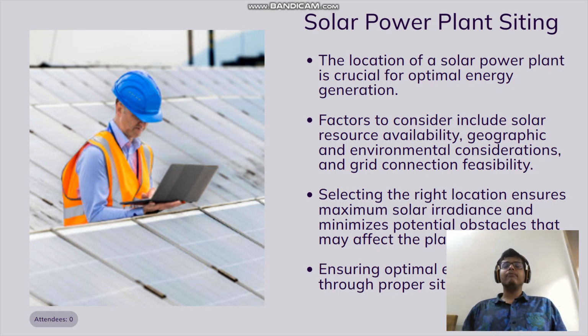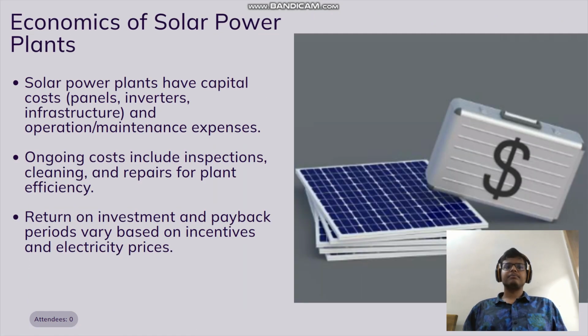Environmental consideration: we must not get frequent rainfall and snowfall in that region. And also grid connection feasibility. Selecting the right location ensures maximum solar irradiance and minimizes potential obstacles that may affect the plant's performance. Ensuring optimal energy generation is the main agenda for solar power plant siting.